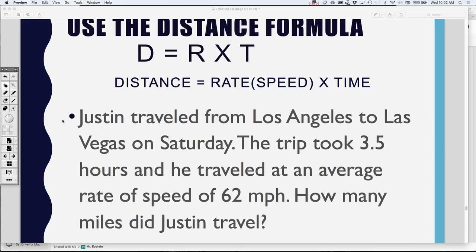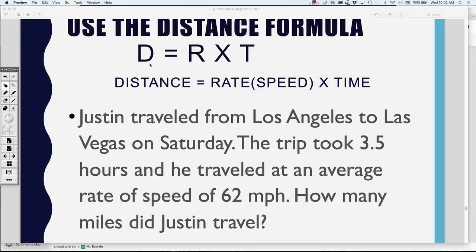So we have to figure out, how do I find your rate? Anyone have a guess? How would I move that t? Divide by t. So d over t is equal to your rate. And then if you're to do time, it'd be d over r, right?